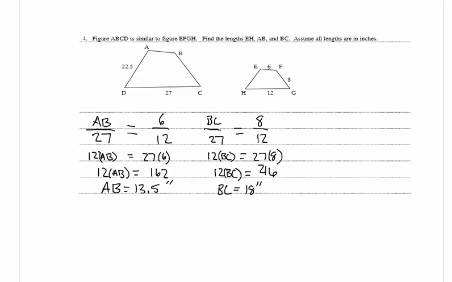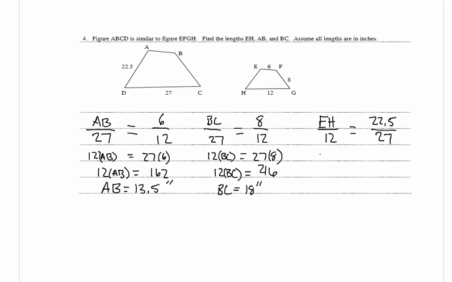And for the last side that we want to find, EH, I'm going to put EH in the numerator of my first ratio, and then I'm going to set that equal to, and in the numerator of my second ratio, I'm going to have 22.5. And now EH, and I'm going to use HG, so this is 12. And then the similar side to HG, again, is DC, which is 27.